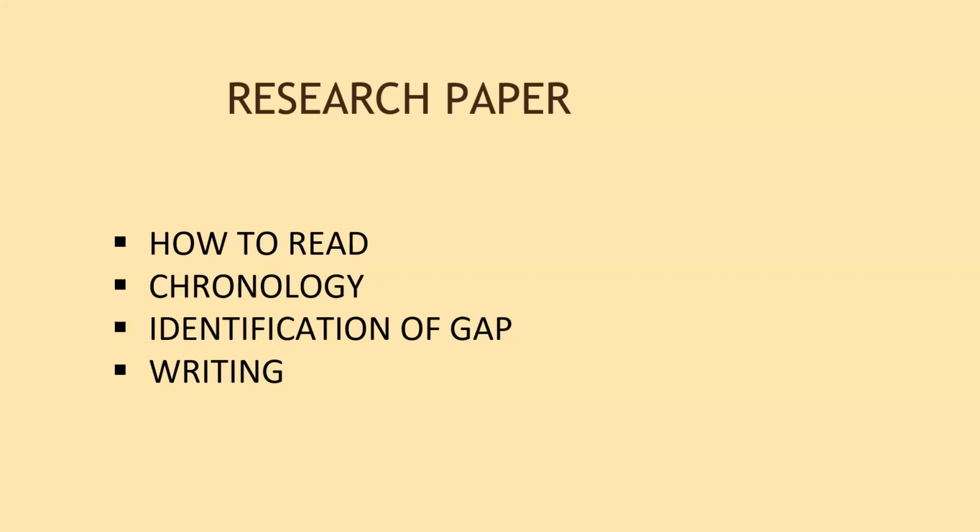Whenever we start with research, reading research papers and going through the literature review, we often get stuck at a particular situation wherein we try to understand how to read. When we have a research paper in our hand, we try to read it wholly, completely.